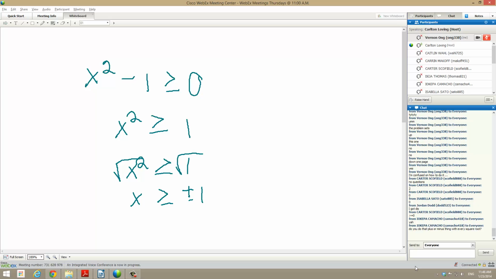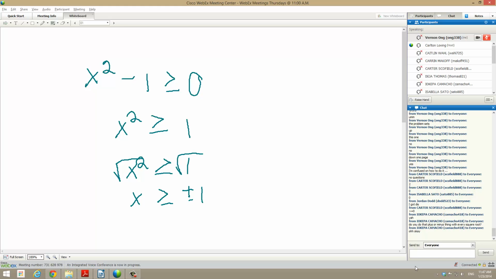But we do need to take that into account, and especially here, because if we just said x needs to be greater than or equal to 1, that's not really the only things it can be, because we can put other things in there and come out okay. So in this case, we want to be thinking x needs to be greater than or equal to plus or minus 1.